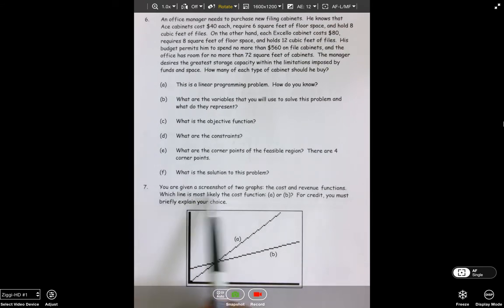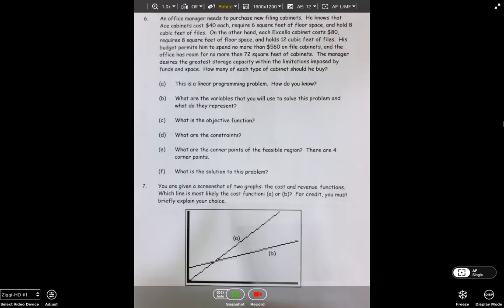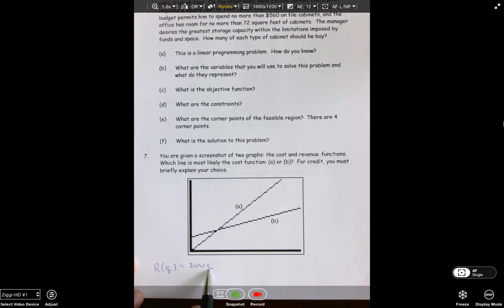So you're given a screenshot of 2 graphs, the cost and the revenue function. Which line is most likely the cost function, A or B, for credit? You must briefly explain. Well, guys, if you think about our revenue function, it's always some R of Q equals like 200 times Q, the price that it's sold at. But notice the y-intercept is 0.